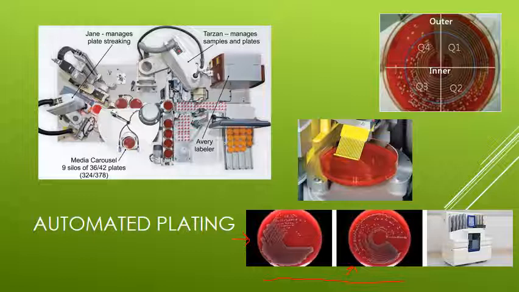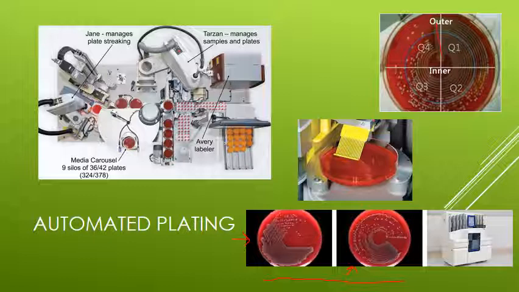Oh, that's something that's important. Okay, so with automated plating, what the machine does is it takes the exact same amount of the specimen, and it plates it at a point on the plate, right? So if you set that you want exactly half a mil of specimen on that plate, then that's what it'll put there.